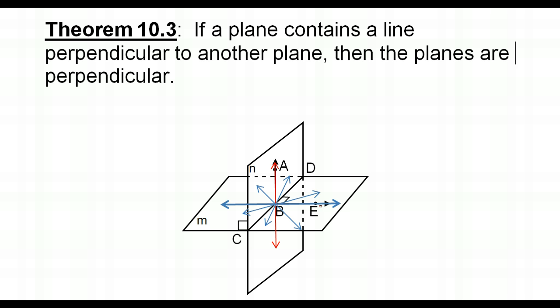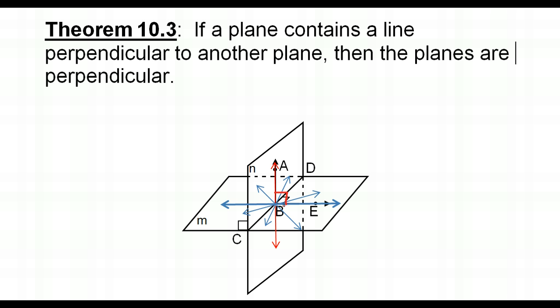And if that's the case, then this angle right here, from the red to this solid, thick blue, that's a right angle. Now, if you remember, the angle measure of a dihedral angle is the measure of the perpendicular lines to CD.